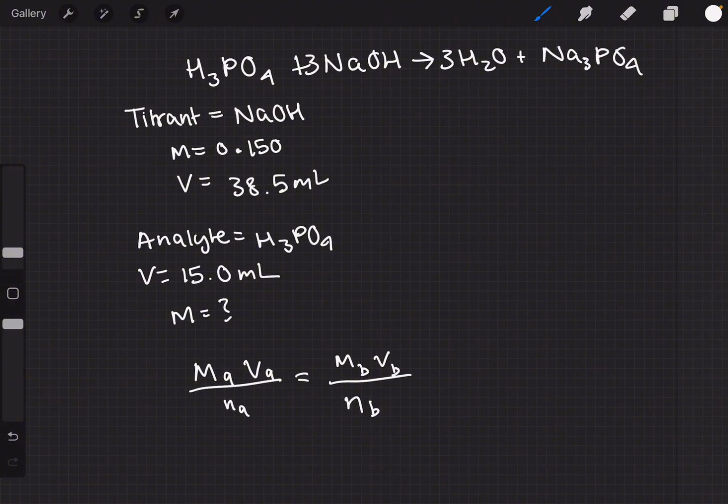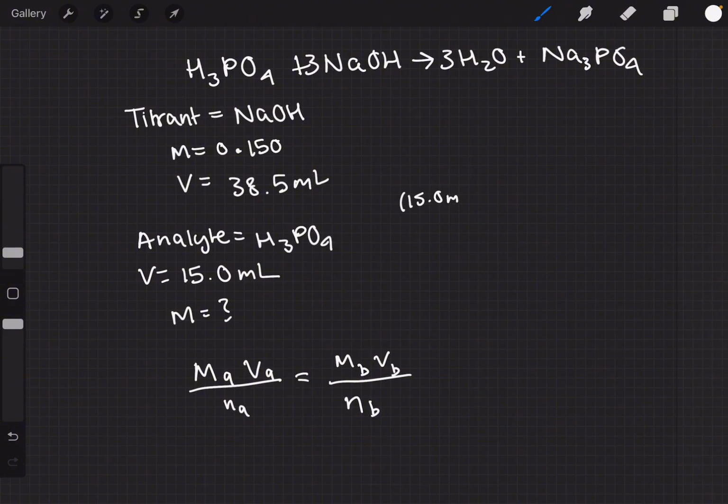And then from there you just plug everything in. Just to clarify, when looking at N sub A or N sub B, you're going to be looking at the molar coefficients from your initial chemical equation.